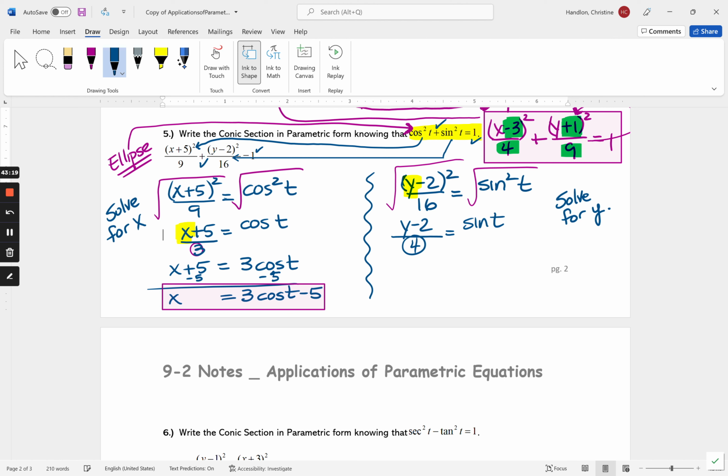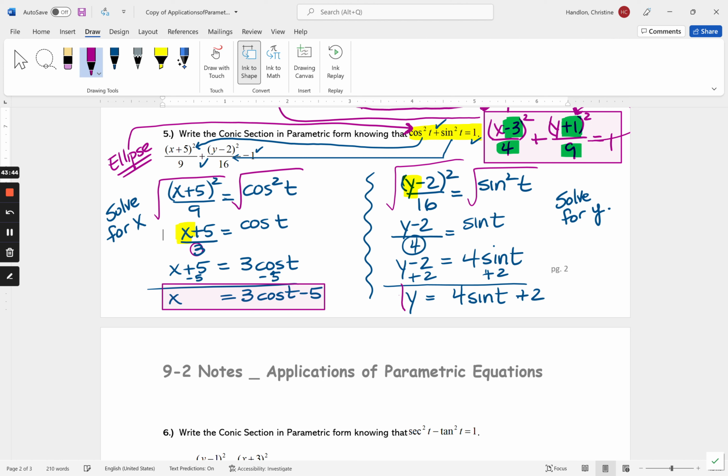Again, move the 4 to the other side, multiply it. So y minus 2 equals 4 times the sine of t. And then I need to add 2 on both sides to isolate the y. So I end up with y equals 4 sine of t plus 2.